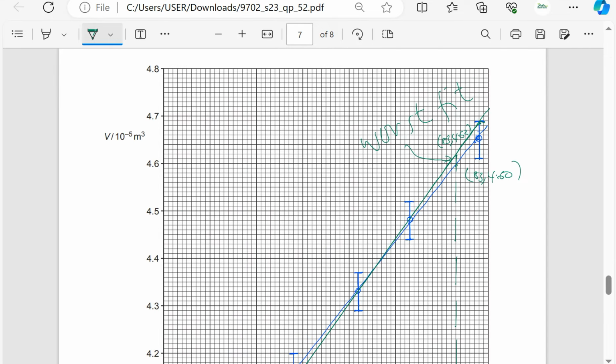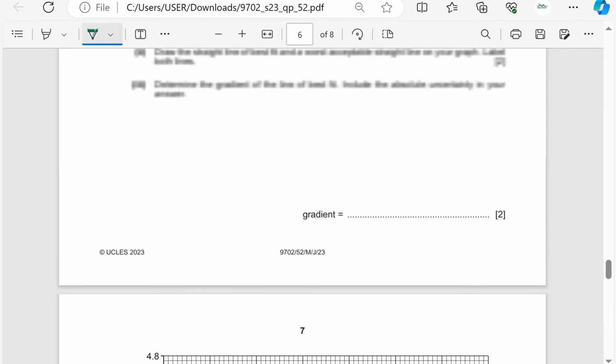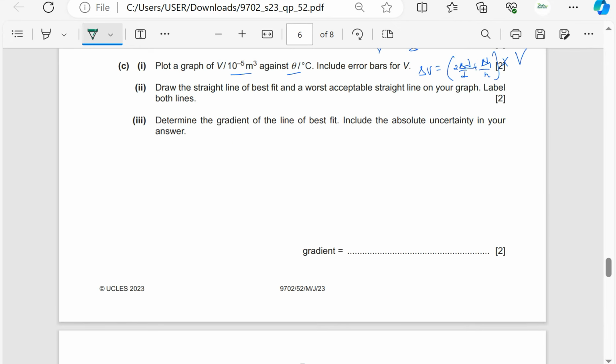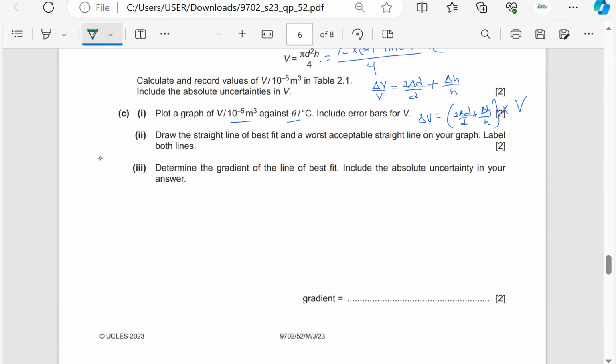Then for the best fit, X2 is 83 and Y2 is 4.60. For the worst fit, X2 is 83 and Y2 is 4.62. Okay, so let's find the gradient. Determine the gradient of the line of best fit, include the absolute uncertainty. So I'll just find the gradient of the best fit.